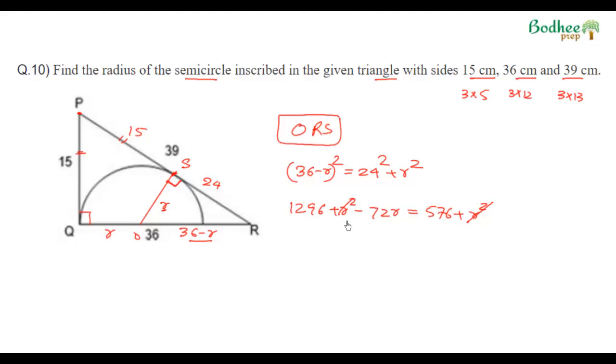So if I divide by 12, 1296 divided by 12, I'll get 108 minus 6 times R, and 576 divided by 12 will be 48. Again, it should be divided by 6. So 108 divided by 6 is 18 minus R. This again divided by 6 will be 8. So the value of R is 18 minus 8, which is 10. So 10 centimeter is the answer.